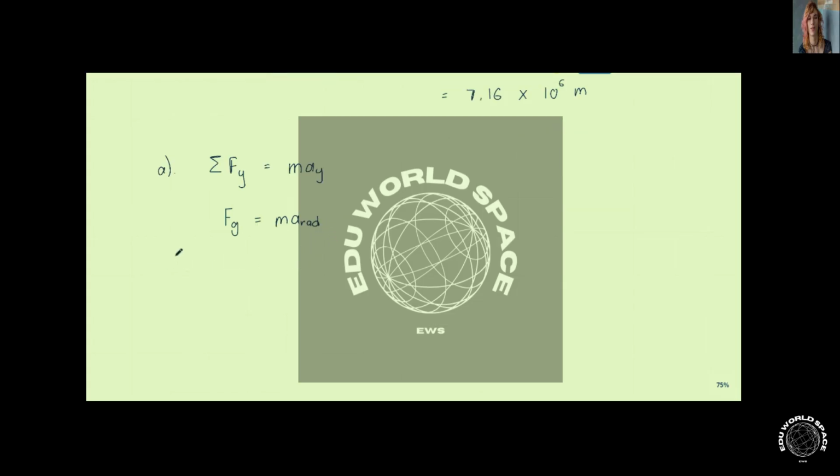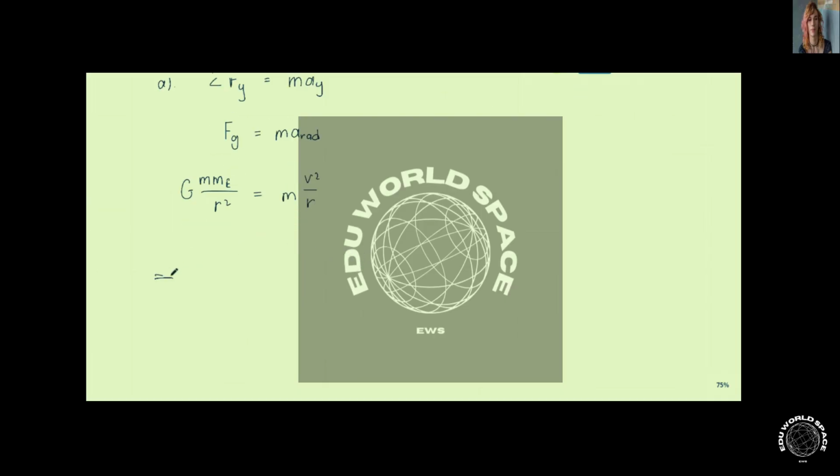Now we know this force can be written as G, m the mass of the satellite, times the mass of Earth, me, over the distance r squared, where r is the distance from the satellite to the center of the Earth. And for the centripetal motion, this is equal to mv squared over r, since the orbit is circular.